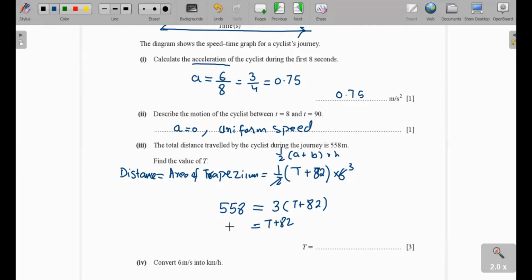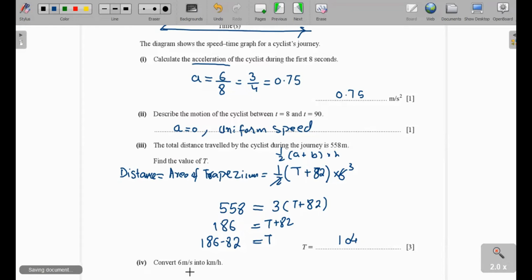Now t is equal to 186 minus 82, and that value is 104. Firstly we divided 558 by 3, and after this we subtract 82 from 186.